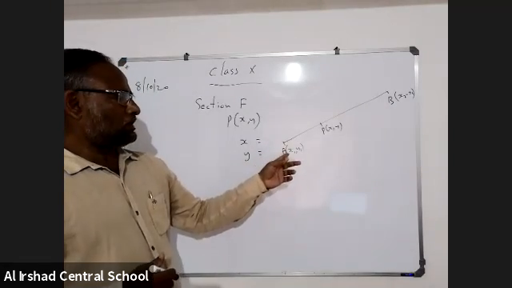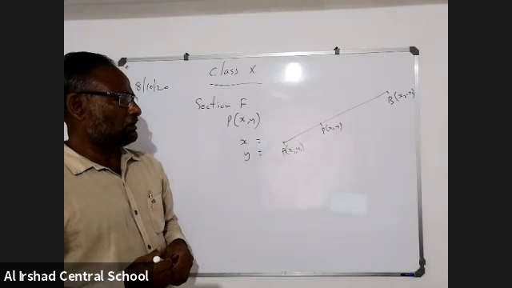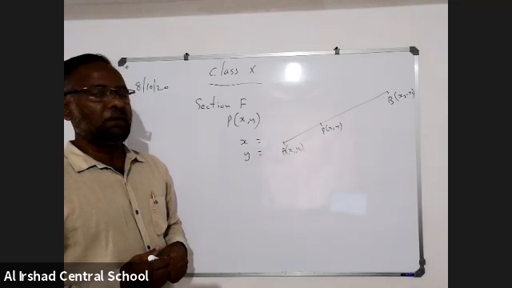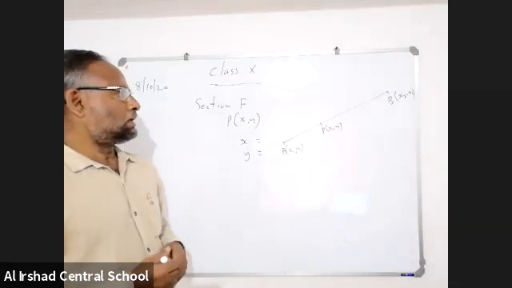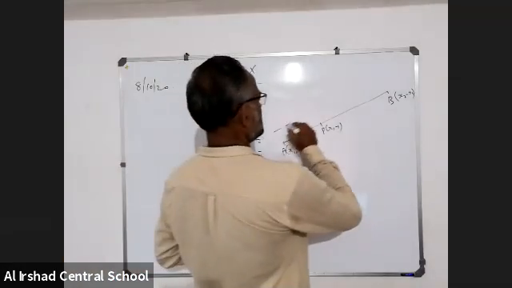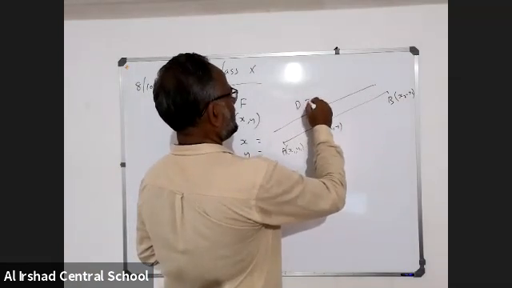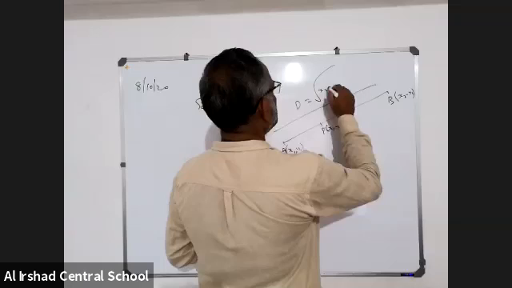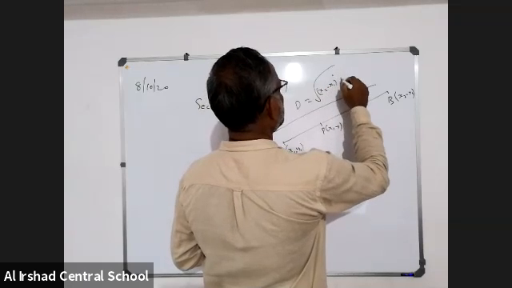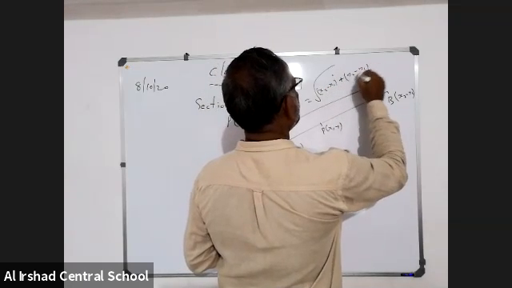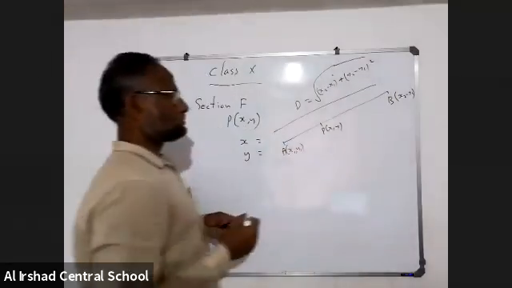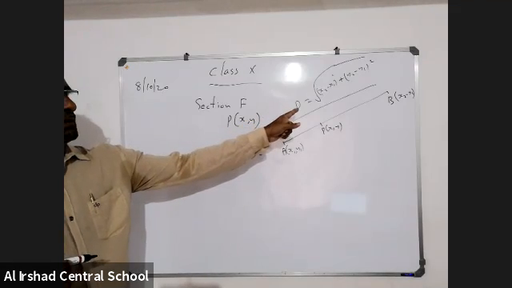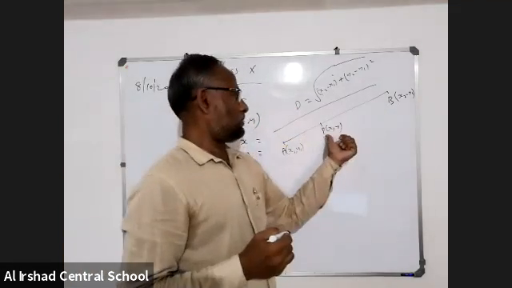The distance is the square root of (x2 minus x1) whole square plus (y2 minus y1) whole square. That is AB square. Distance formula is telling this distance. That is the square root. There is no confusion.